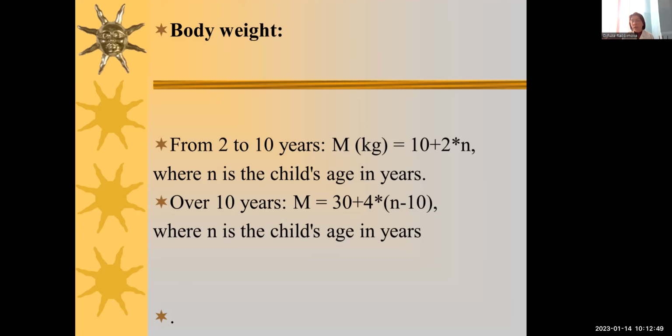For example, a baby 3 years old: 10 plus 2 multiplied by 3, 16 kg. Over 10 years old, M equals 30 plus 4 multiplied by (n minus 10). For example, a child 12 years old: 12 minus 10 is 2, 2 multiplied by 4 is 8, 30 plus 8 is 38.